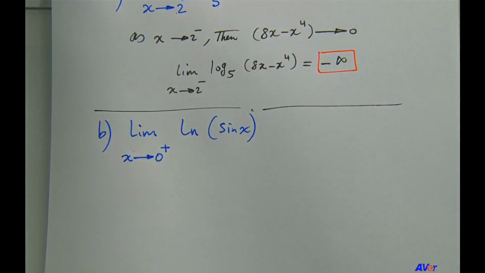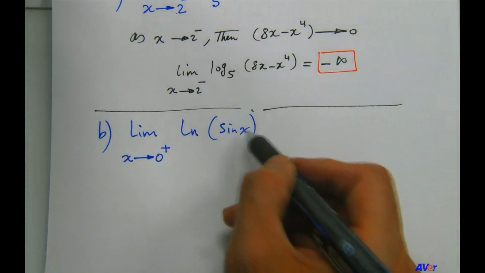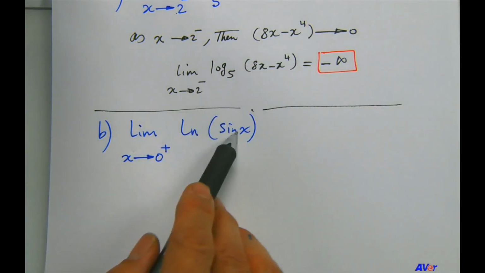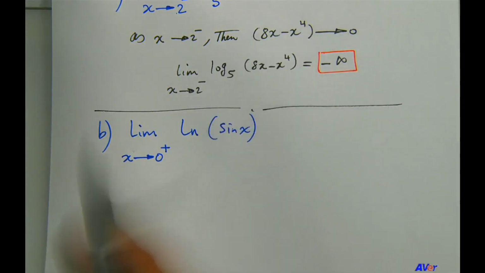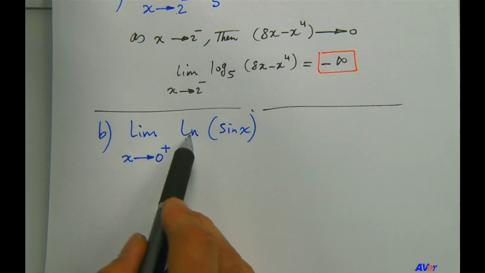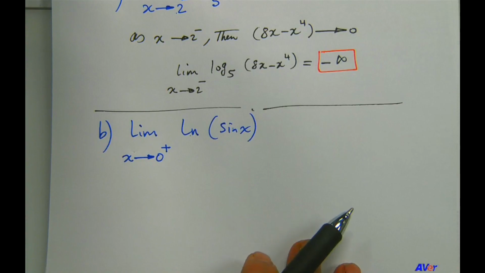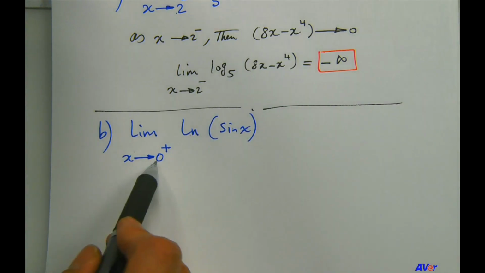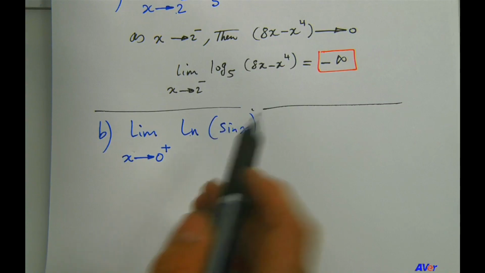Okay, so we know what happens to sine of x at 0. Sine of x at 0 is equal to 0. But the natural log function at 0 is undefined, right? So as x approaches 0, sine of x gets closer and closer to 0 from the right.